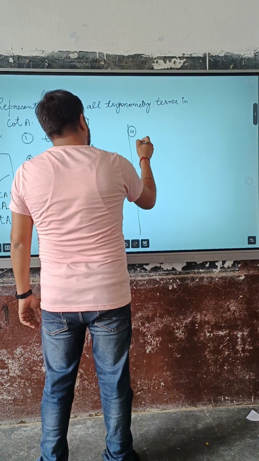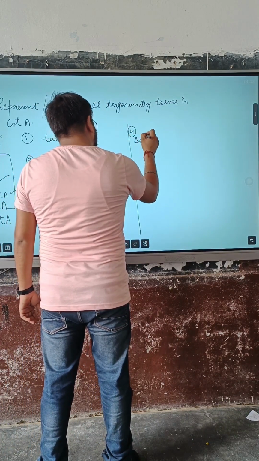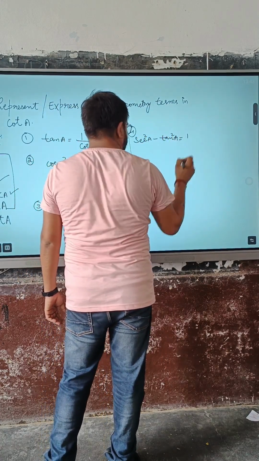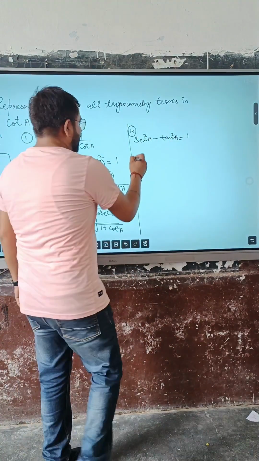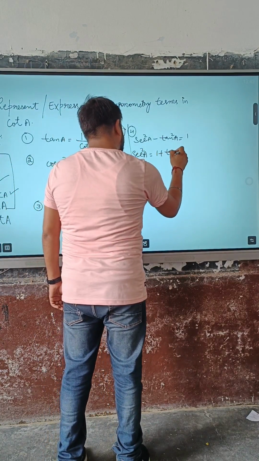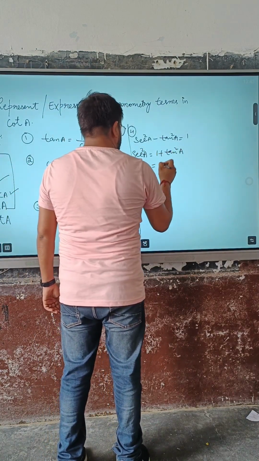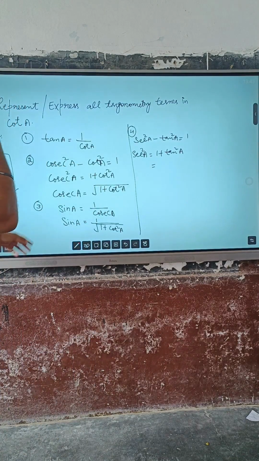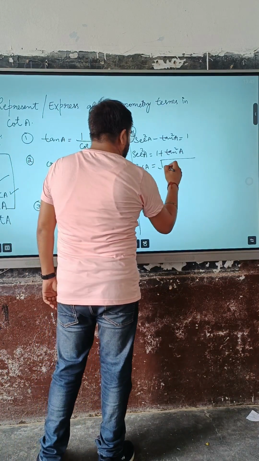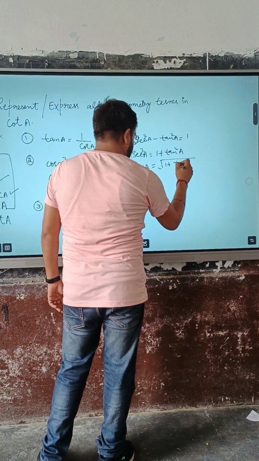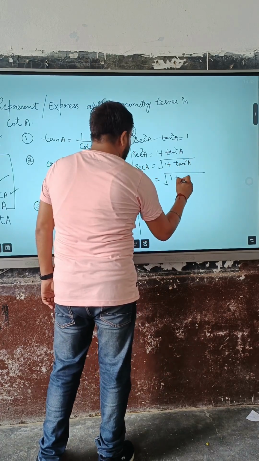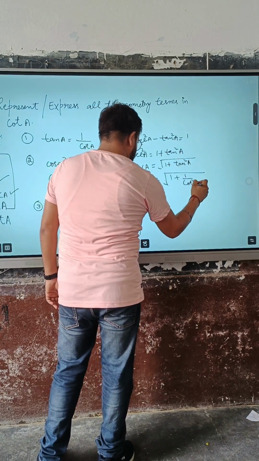While finding the value of secant, we know that secant and tan are interlinked by an identity, so the value of secant is the square root of 1 plus tan square A. We have the value of tan A in terms of cot, so we replace tan with 1 over cot.